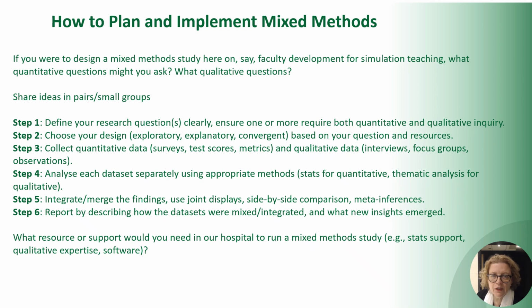And then when you've decided whether it's one of these three, exploratory, explanatory, or convergent, what are your justifications for that, and the resources available for you to carry out these approaches in your design? And of course, you need to collect the data. So there may be various quantitative methods you can use and various qualitative methods. So again, you need within your type to justify your choices.